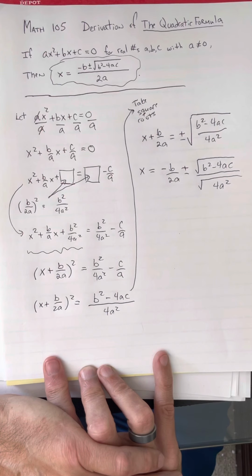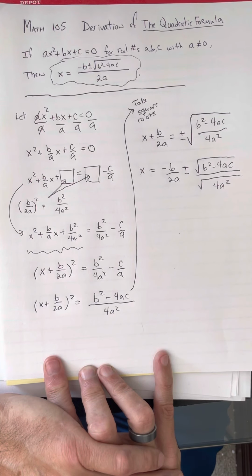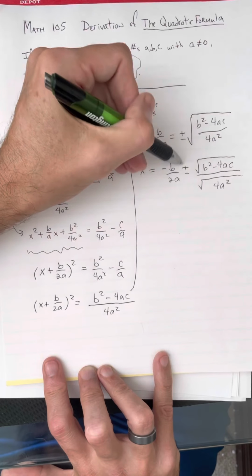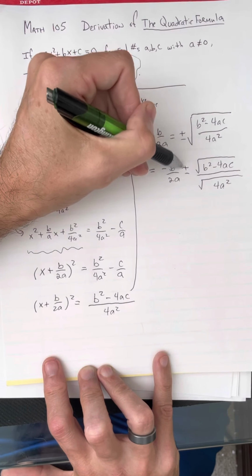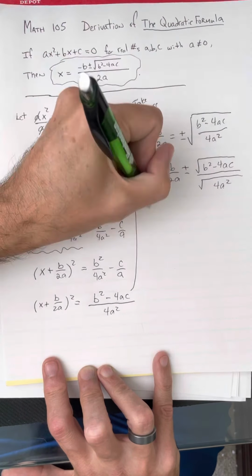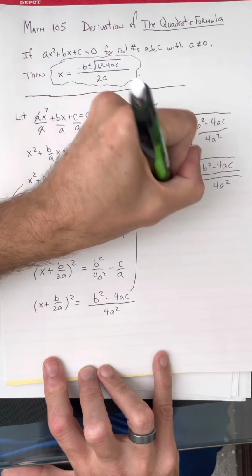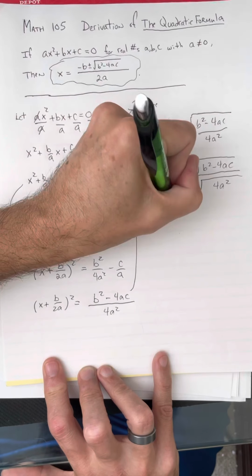The square root of 4 is 2, and the square root of a squared is technically the absolute value of a, but that's either a or minus a, and they're both covered here because I have a plus or minus. Because of this plus or minus, I don't need the absolute value. I can just make it 2a.